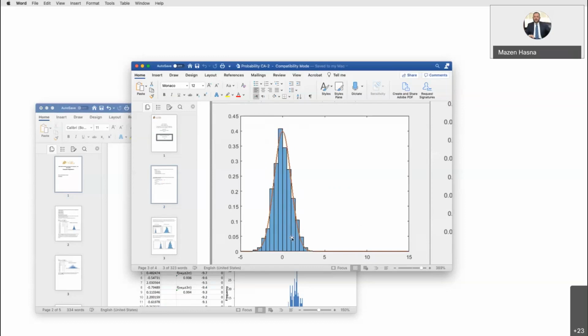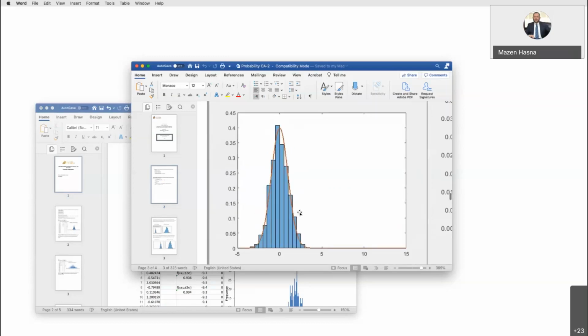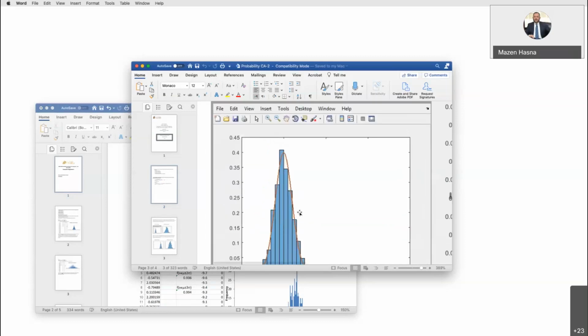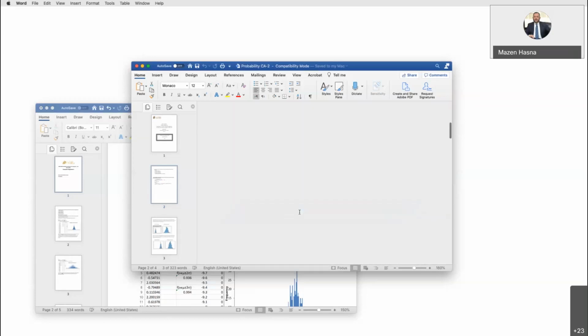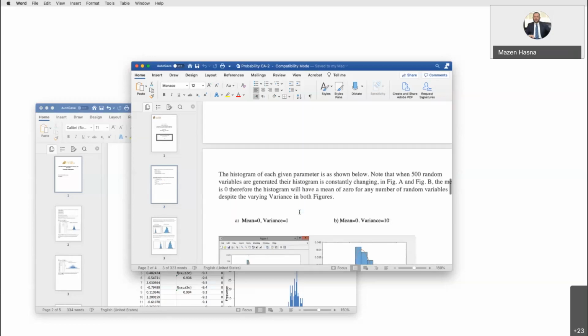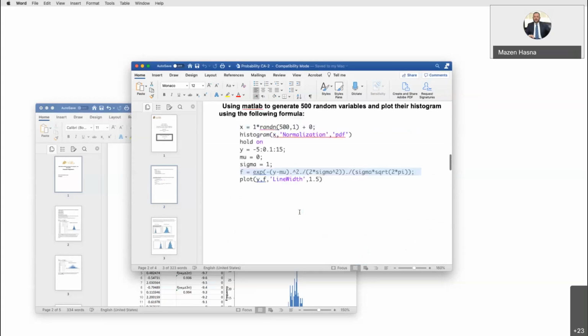So if you shift your bins by 1/2, you would have got a better figure. So this is the program that you will need to plot. Very simple, as you can see.